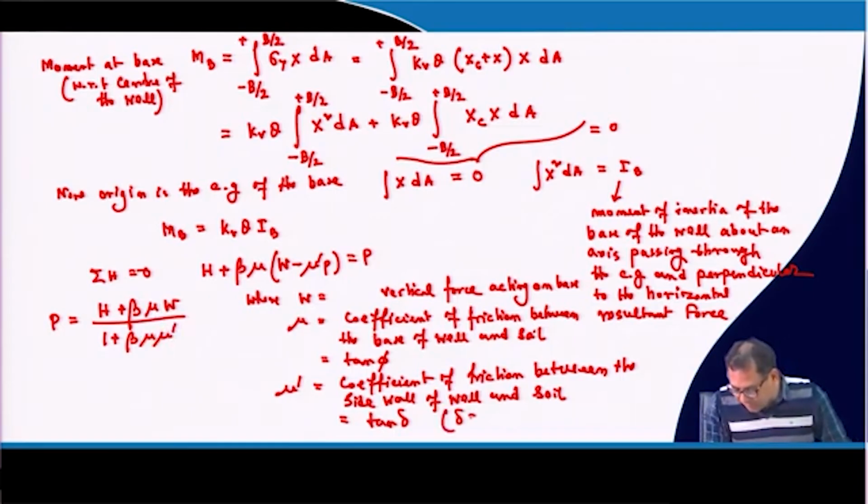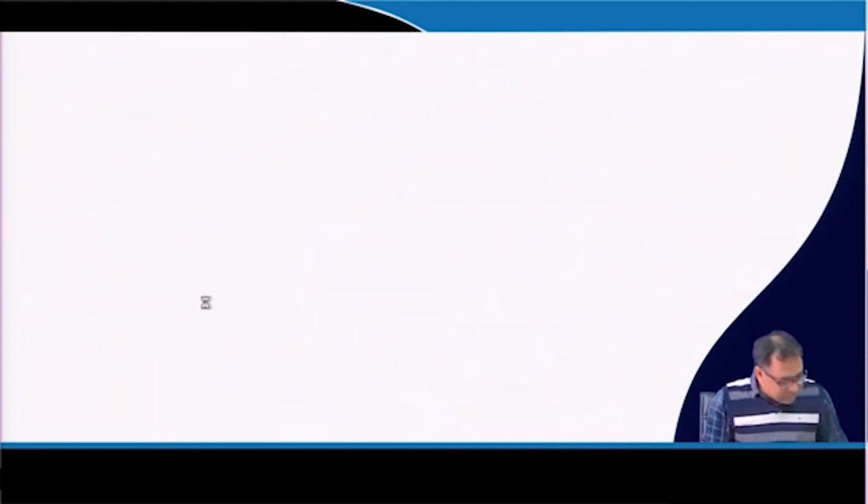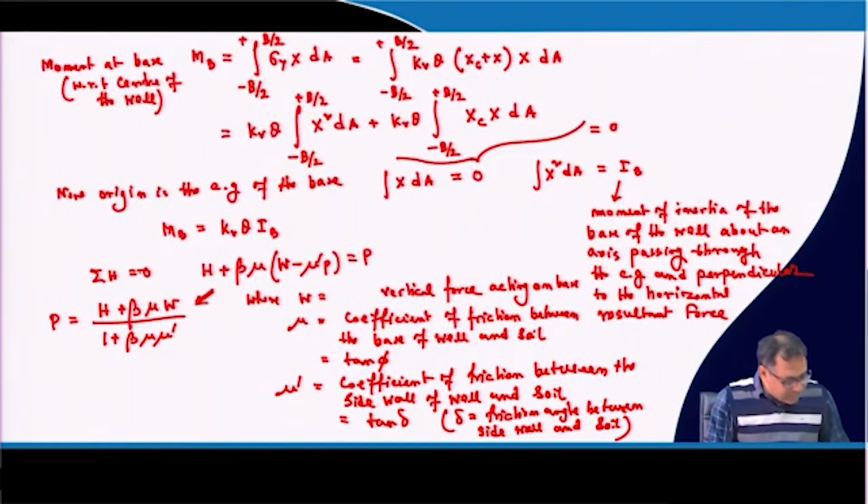Here delta is the friction angle between the side wall and soil. So, P also we will get by this equation. Now, here we have taken the summation of the horizontal forces.